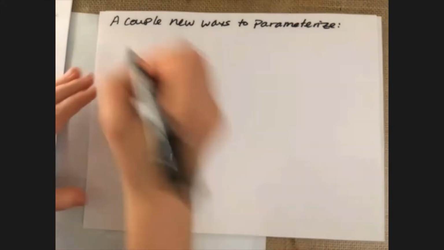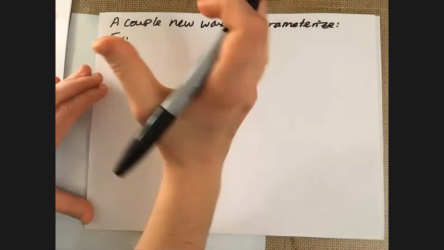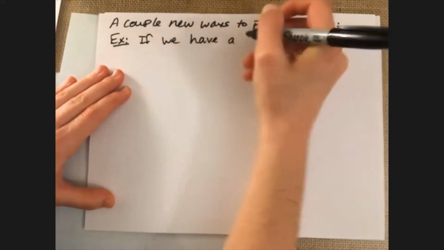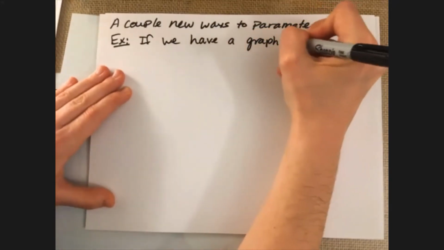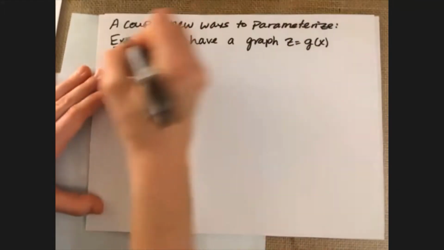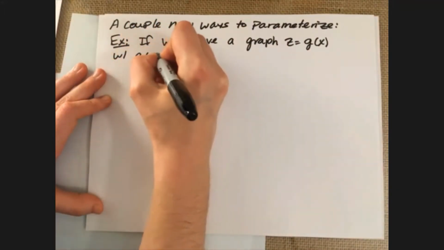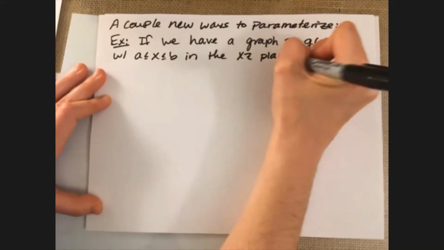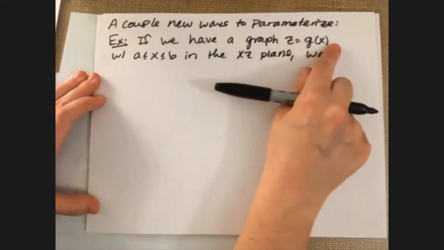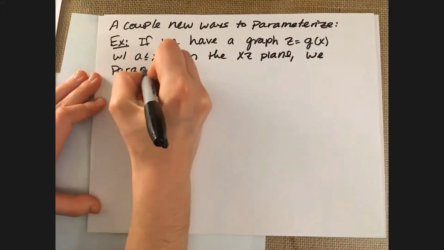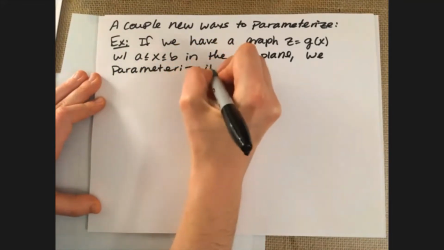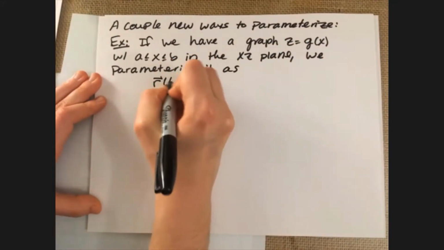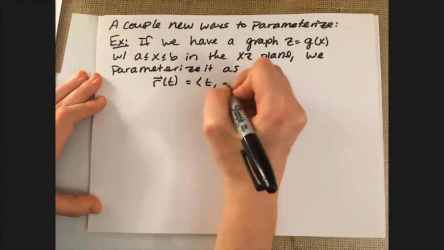Okay, so here's an example, and this also introduces a way to parameterize. If we have a graph z equal to some function of x, where x is between a and b, in the xz plane, then generally speaking, this particular line gets parameterized as R of t equal to t, 0, g of t.